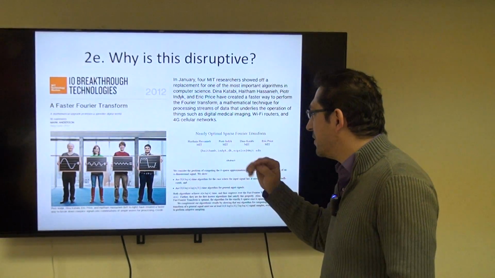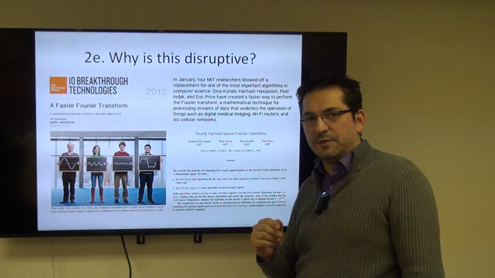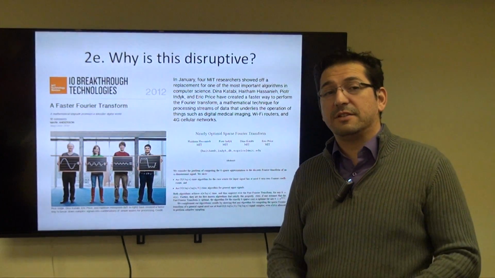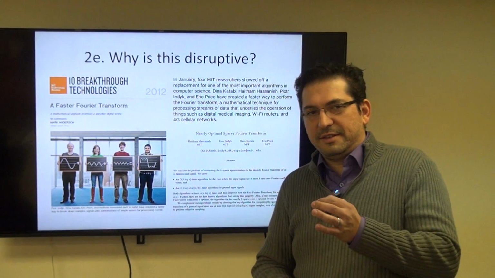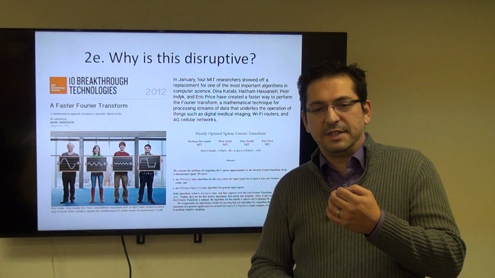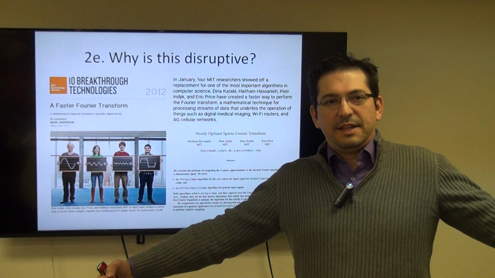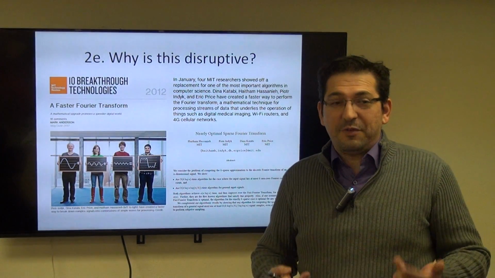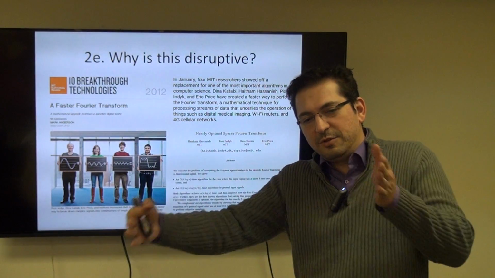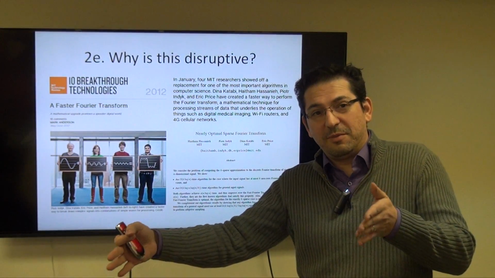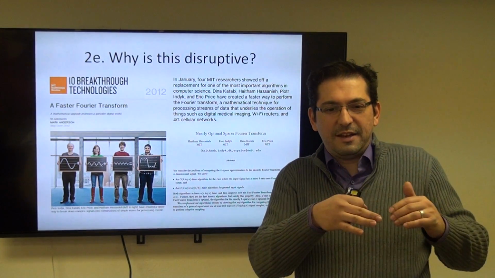What they claim in this paper, the nearly optimal sparse Fourier transform that was celebrated so magnificently by MIT, was that for some signals which are sparse enough, which means they're loose enough, if you knew how loose they are, you could not spend time analyzing the loose areas which contain no information, and only analyze the areas which contain the information, and thus gain a speed advantage.